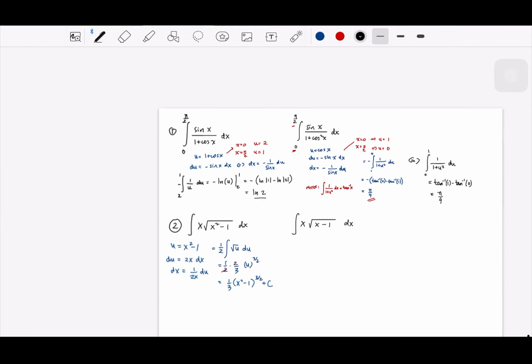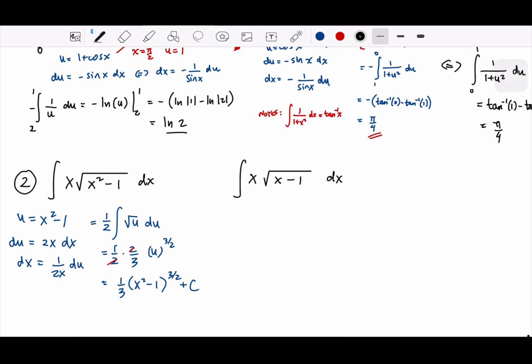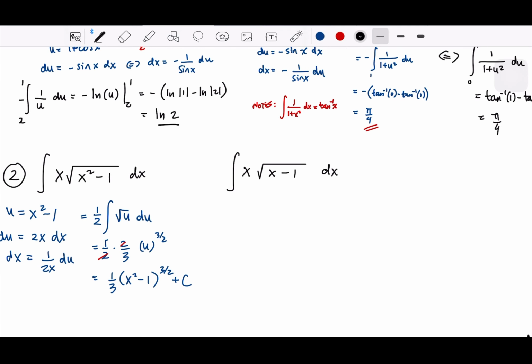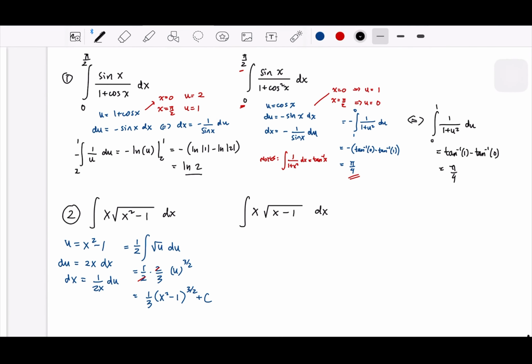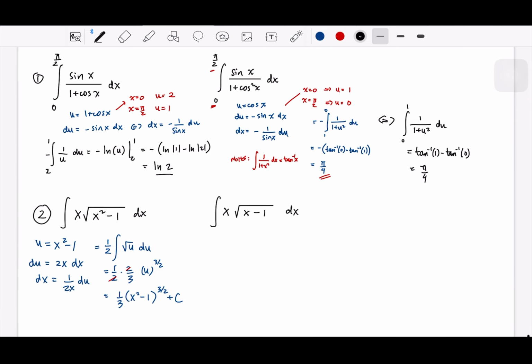Okay, now the last question from these 4 is x times the square root of x minus 1. Maybe zoom here, right? Anyone solve the last one? No? You think you can?